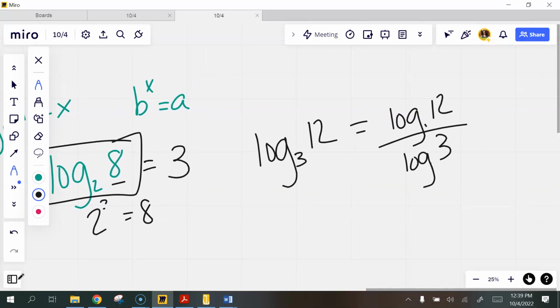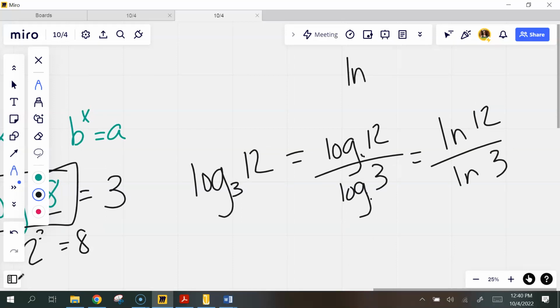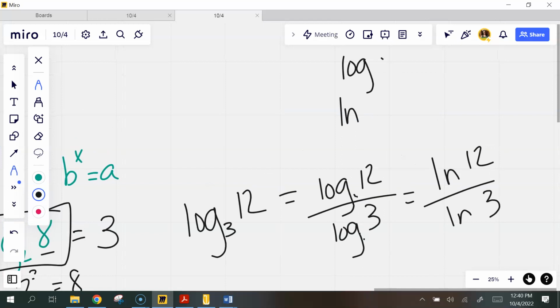And it doesn't matter what base is here, it can be any base. I could do natural log of 12 divided by natural log of 3. Because that's a log base what? Natural log has a base of e. So you know how I said if you have log of x, that means there's this imaginary 10 here. Well, this means it's a log with a base of e.